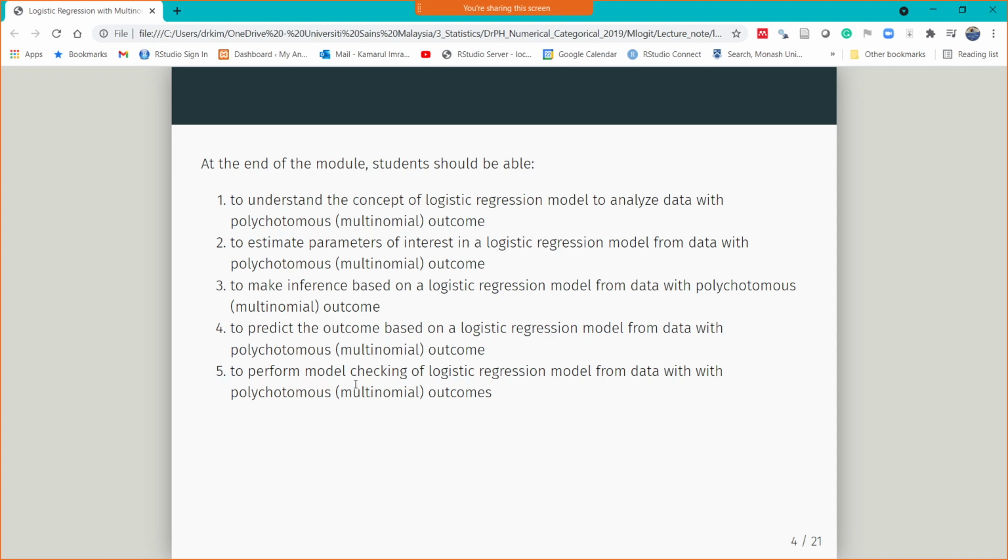Model checking for logistic regression for polycotomous outcome is a little bit tedious. Not that it is very difficult, but you have to do multiple assessments like binary logistic regression. We'll come to that later.